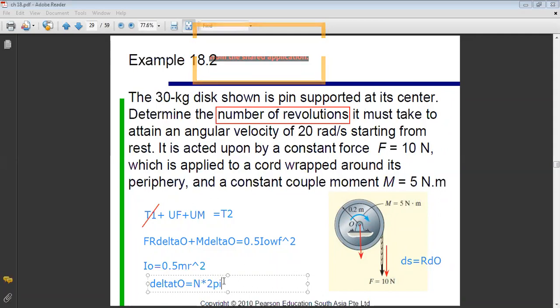Let us try to do this problem together without using work and energy. If you want to use what you learned in chapter 16 and 17, what will you do? So first, I can find what? Who can tell me?